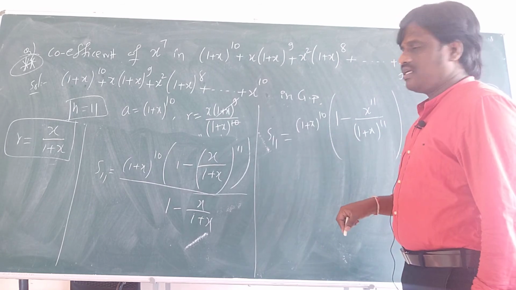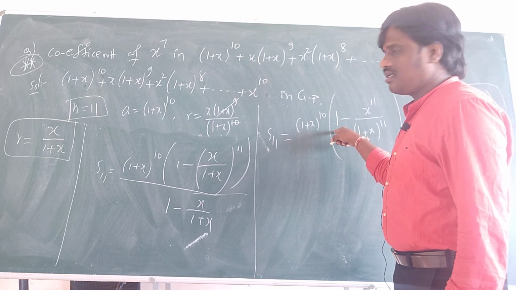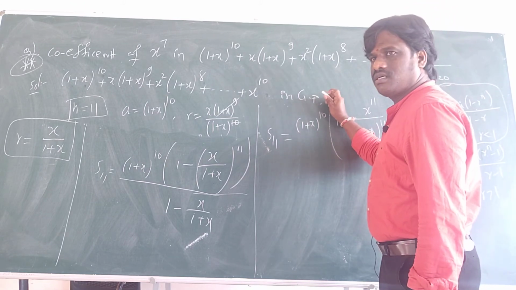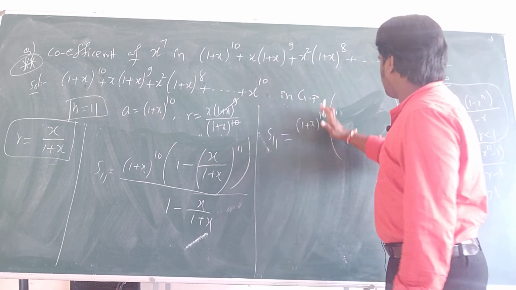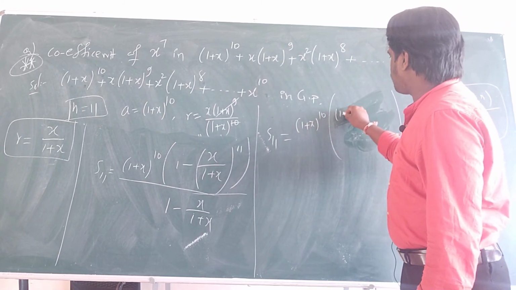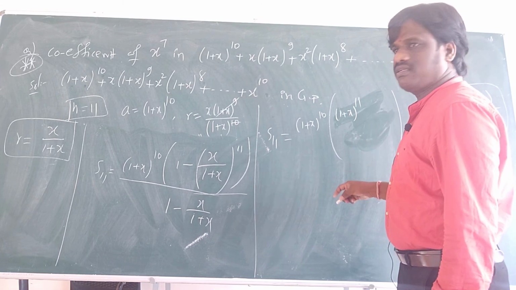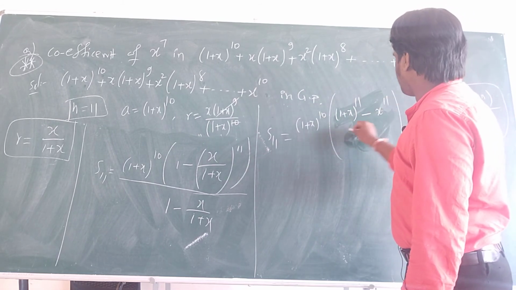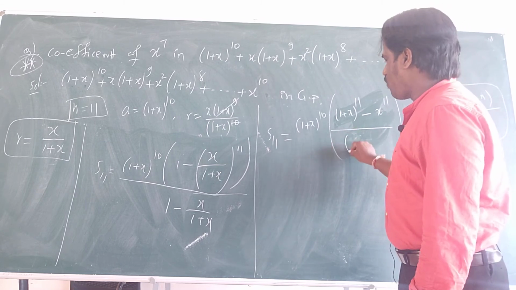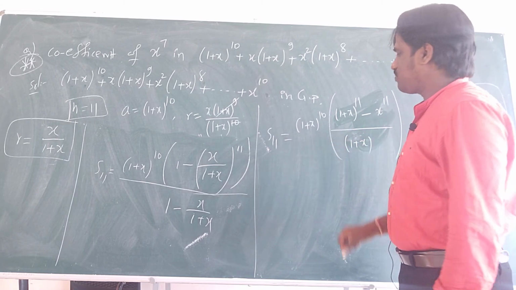If I do the LCM here, what will I get? (1 plus x) to the power of 11 minus x power 11, divided by (1 plus x).